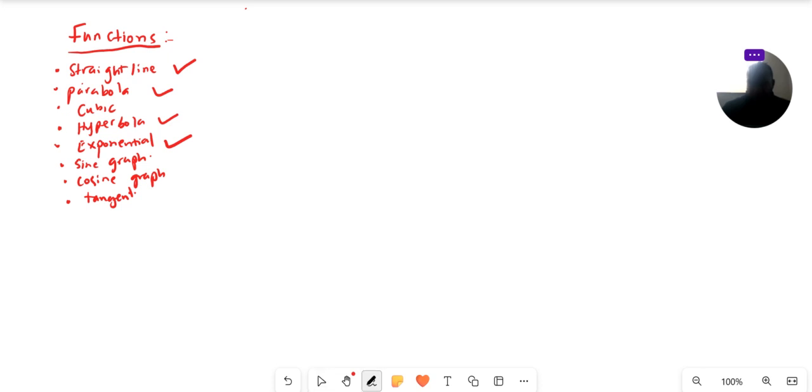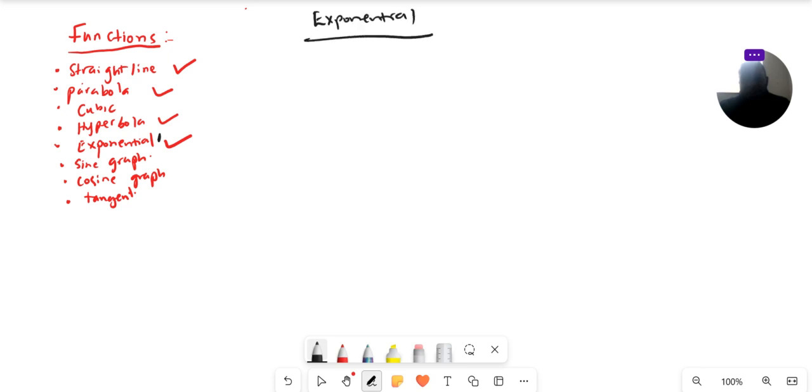Yes, when we try to look at now the exponential function, for its equation, it will always be y is equal to b times a to the power x minus p, then plus q.